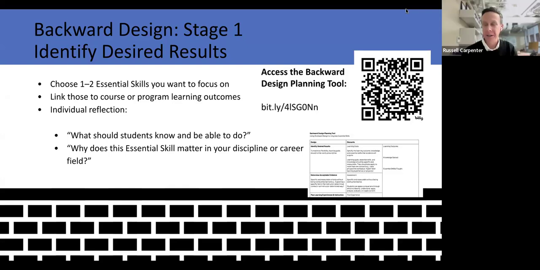Great. Thank you, Pete. That's an excellent foundation for understanding not only backward design, but I really appreciate how you're putting backward design into context for us and helping us understand that backward design is a very intentional process. Many, many of us have a deep level of experience with course design.